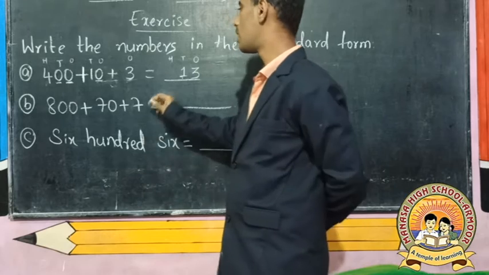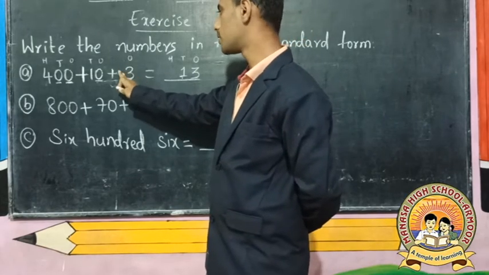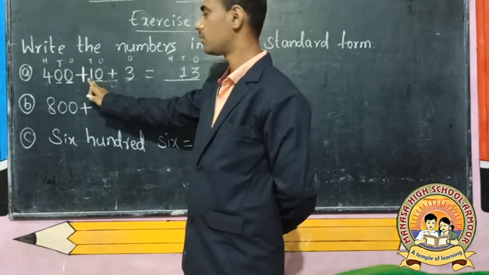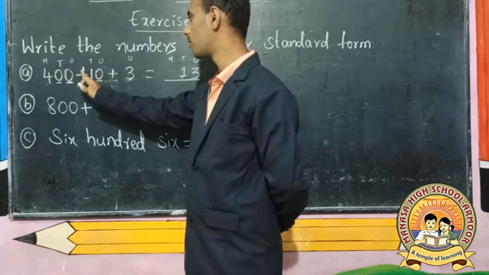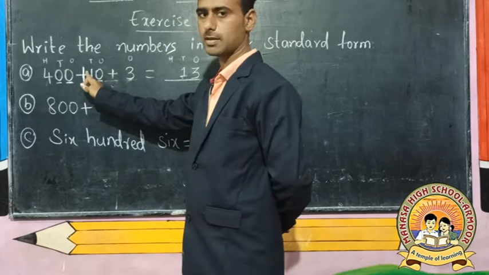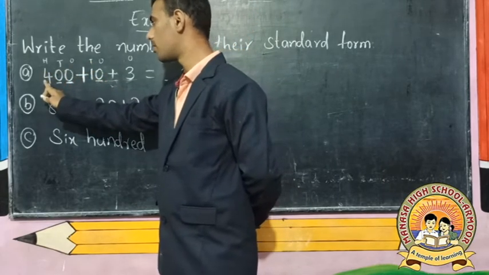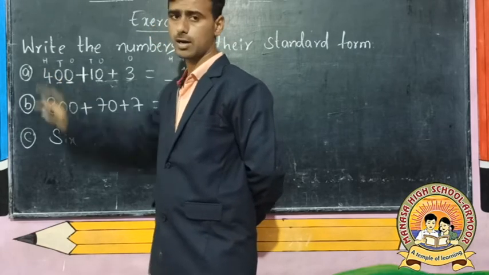Now let us go to the hundreds place. Here we don't have a tens place, so directly go to the next number. Here we don't have a hundreds place. 0 in the ones place, 1 in the tens place. Here we don't have any digit in the hundreds place, so directly go to the next number. 0 in the ones place, 0 in the tens place, 4 in the hundreds place.